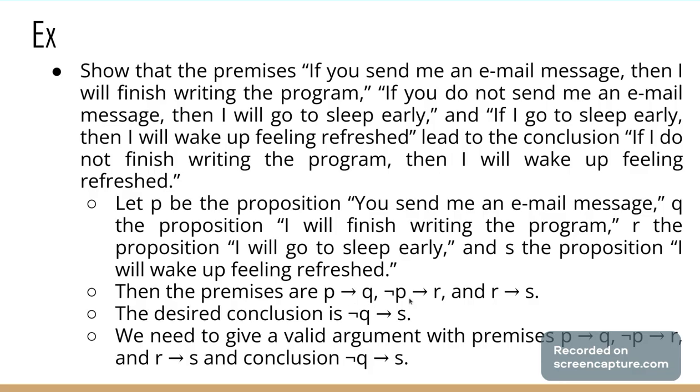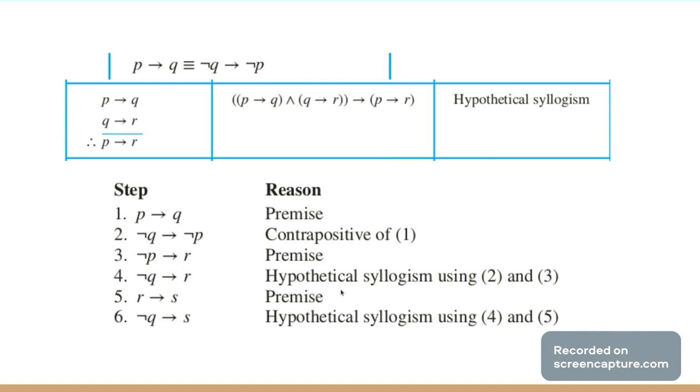Take each premise and see whether you can use one of the rules of inference to come to the conclusion. So we are going to start with the first premise, P implies Q. P implies Q is the same as not Q implies not P. This was one of the rules of inference that we had seen, the logically equivalent statements of conditional statements.